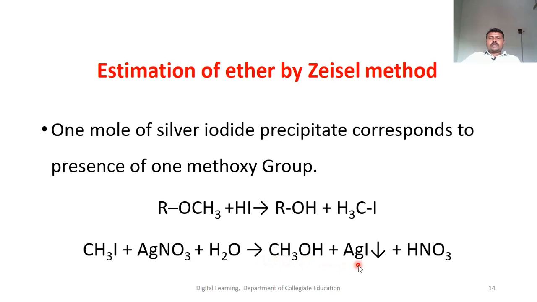The precipitated silver iodide is measured. The number of moles of silver iodide corresponds to the number of methoxy groups. If we get 1 mole of silver iodide, that corresponds to 1 methoxy group. If we get 2 moles of silver iodide, that compound contains 2 methoxy groups.